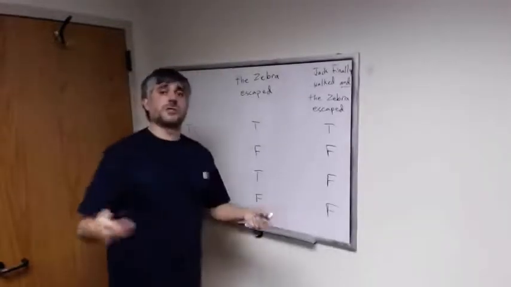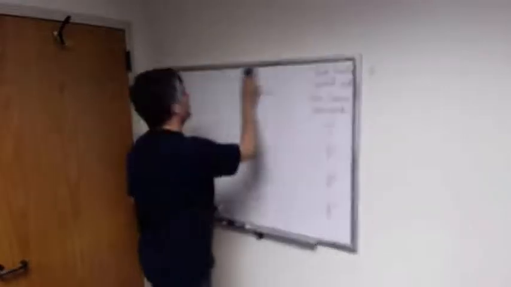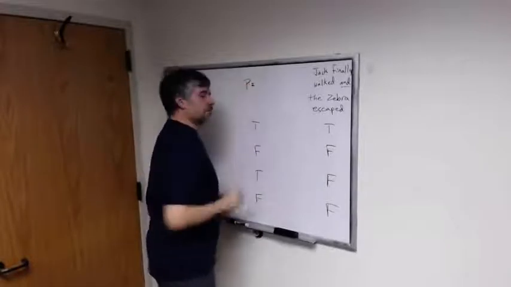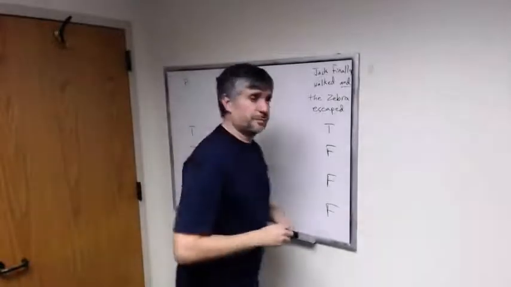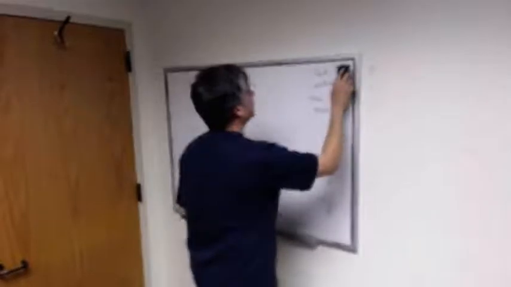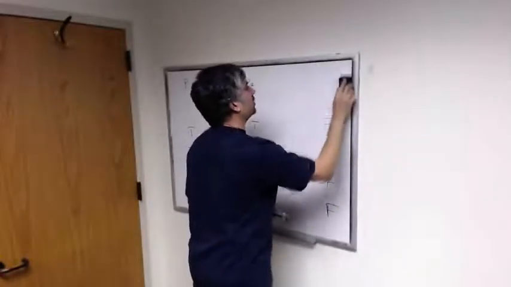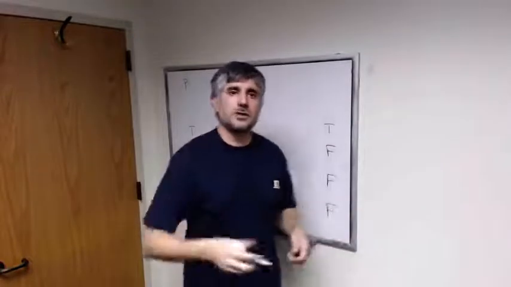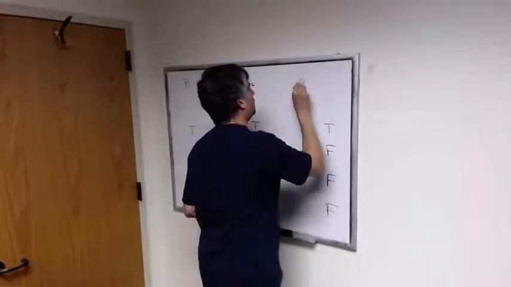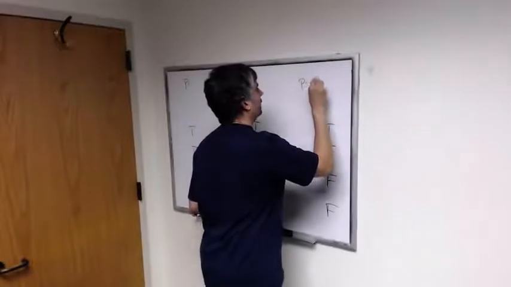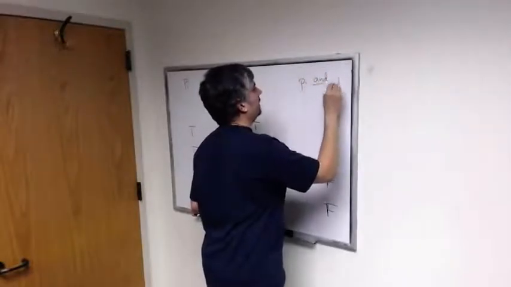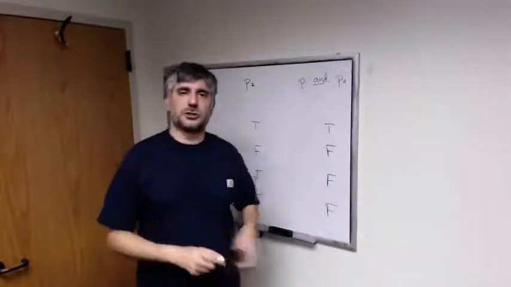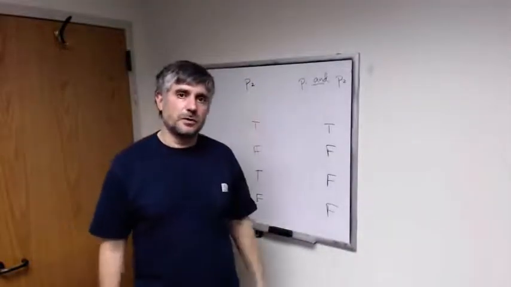Instead of saying the zebra escaped, we could have a variable there, call it P2, our second proposition. And finally, when we put those two propositions together using the truth functional connective and, we'll have P1 and P2. So that's going to be our resultant proposition, P1 and P2.